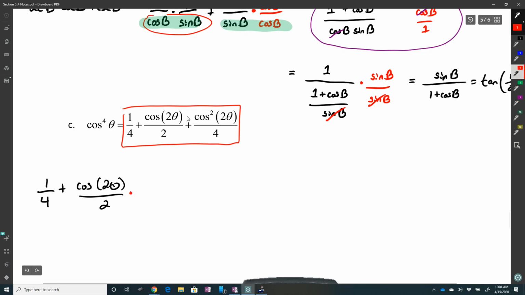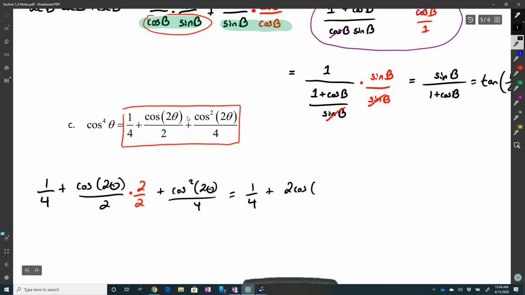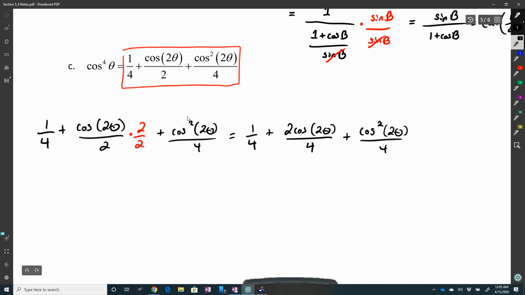I'm going to multiply that by 2 over 2 because I want that to have the same denominator. Okay, so this ends up with 1/4 plus 2 cosine of 2 theta over 4 plus cosine squared of 2 theta over 4. Notice I can factor a 1/4 out.